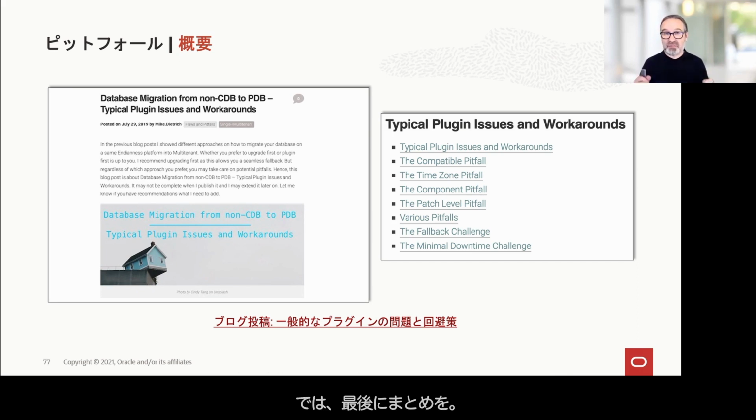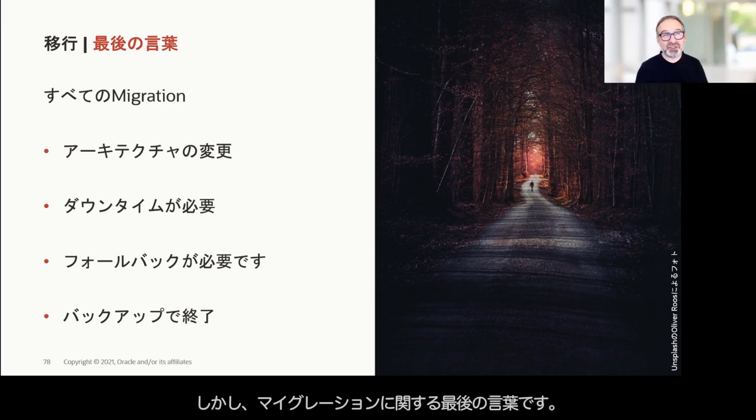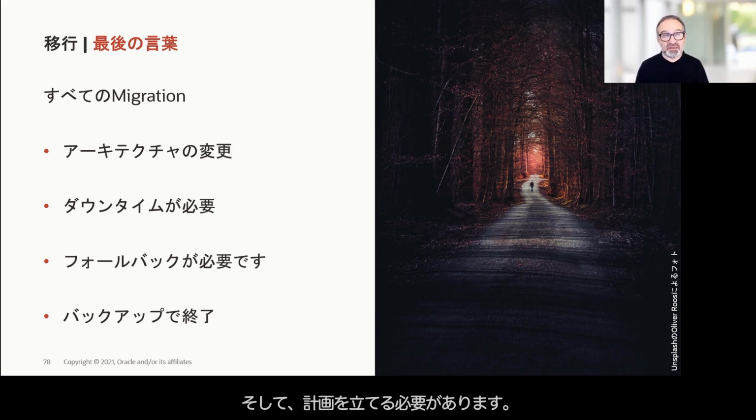So a final summary, the last words, I wouldn't call them the famous last words, but the last words here for the migration. Every migration is an architectural change. It's nothing you just implement right now. You need to think about it carefully, and you need to plan it. It requires downtime. That's a fact.